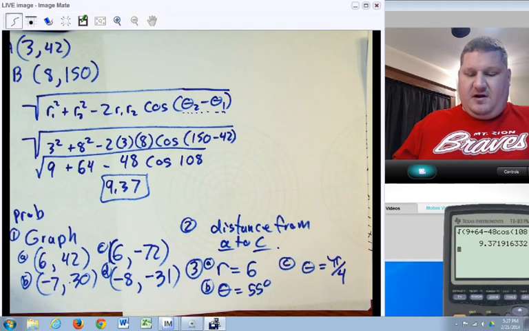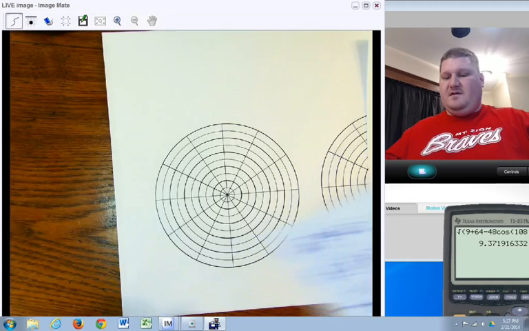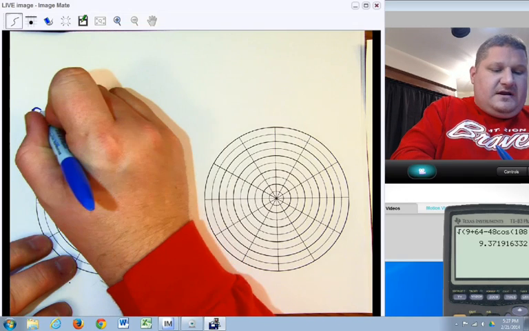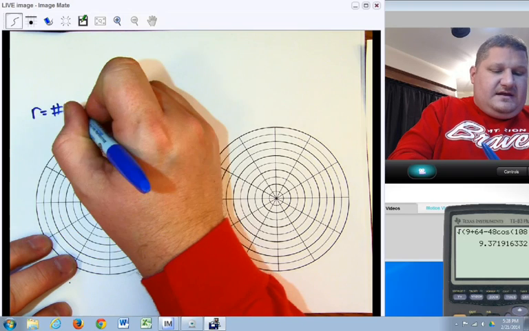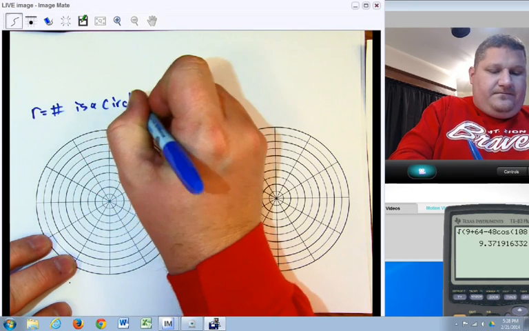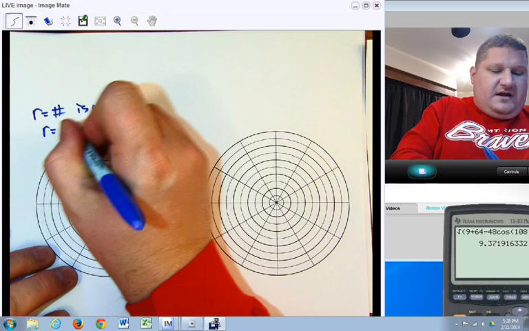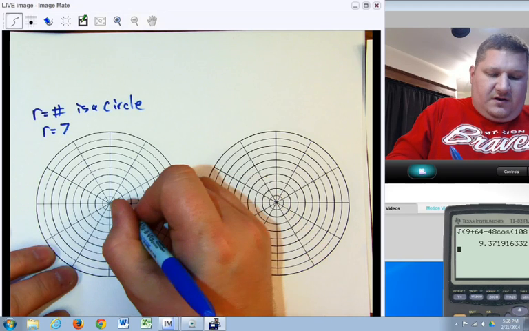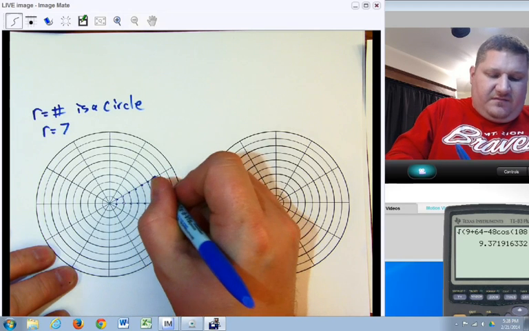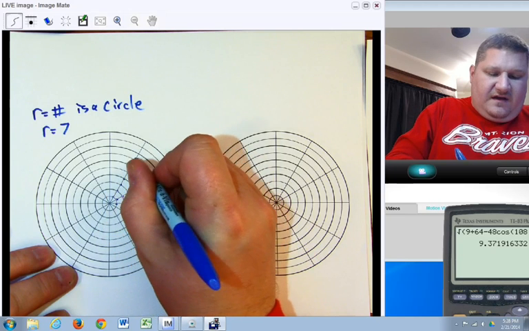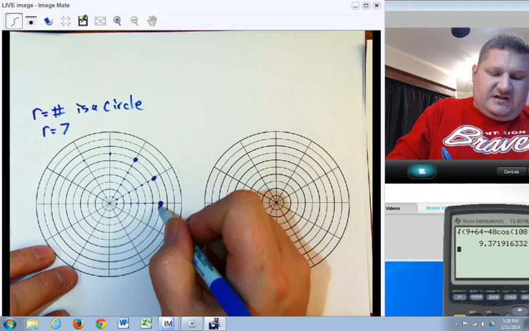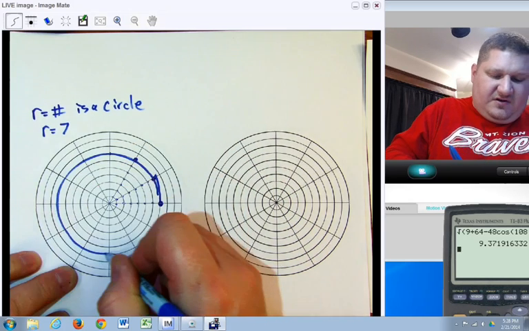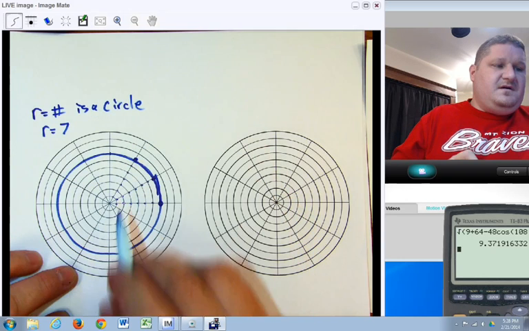Let me show you very quickly how to graph these special graphs. Those special graphs: r equals a number is a circle. And it makes sense. If I have r equals 7, I'm going to go out 1, 2, 3, 4, 5, 6, 7, and on around just like that until I have every point that is 7 units away from the center.